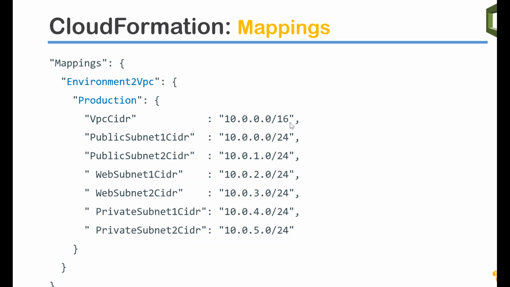Try to play around with a smaller number, let us say /17 or /18, and how you achieve a 6-way split. This is a 6-way split, yeah, 0 to 6. So 6 into 256, something like 1500. So how do you split all those IPs into multiple subnets, and what number should come here ideally? Try to play around with that when you're experimenting.